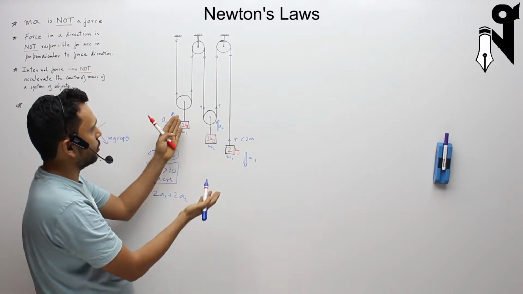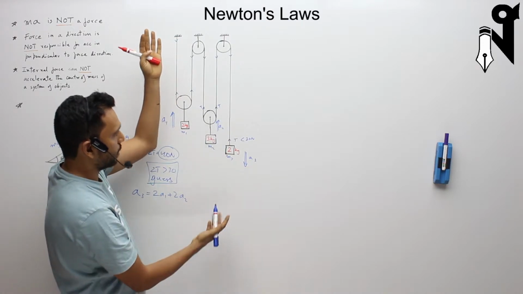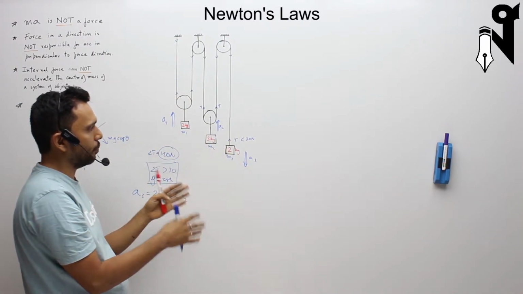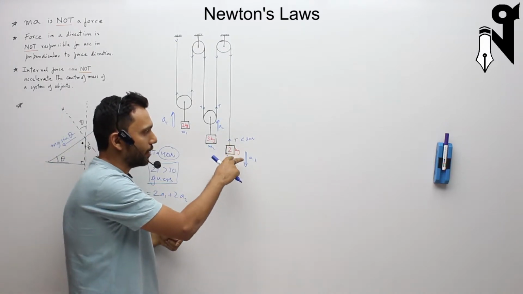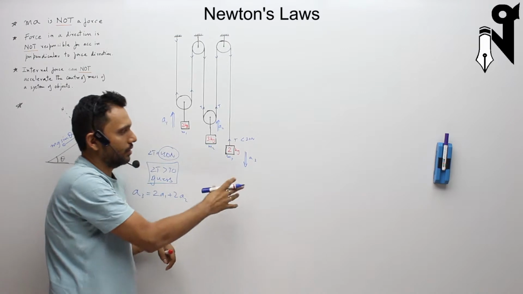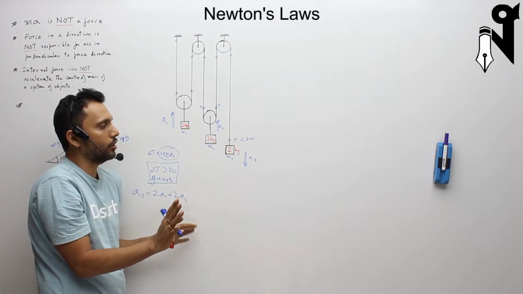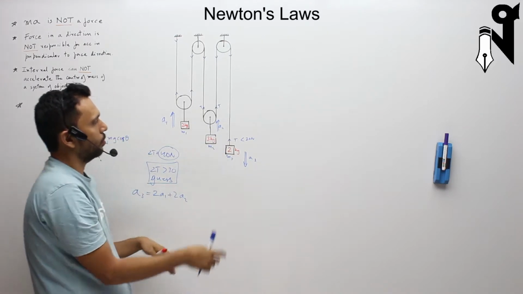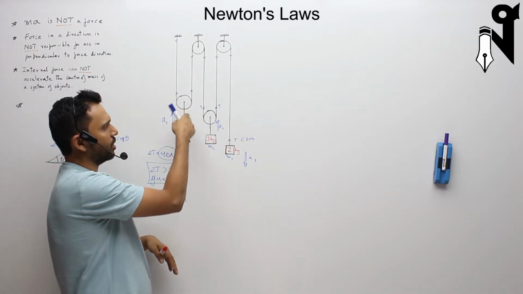If the acceleration of this body is too much, then the tension has gone down by a big amount. If the acceleration of this goes up till g, then the tension would have become almost zero. That would be a case when these bodies were very light.